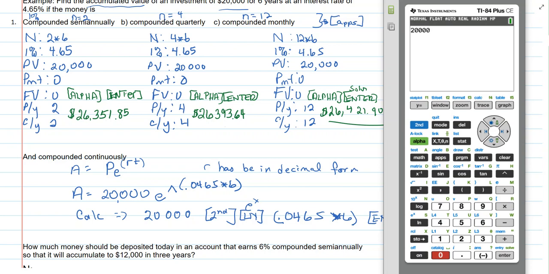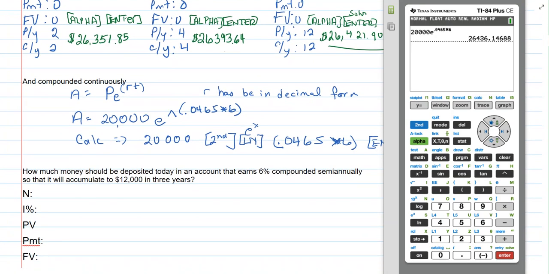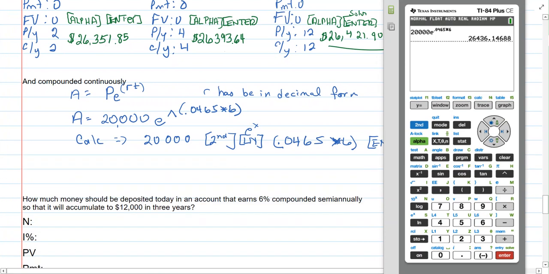20,000. Good. Second ln. There's my e to the x, and you notice I have a flashing cursor on the exponent. And then you're going to enter the decimal 0.0465 times 6. Now, mine is already in its structure. I hit enter, and my value is $26,436.15.